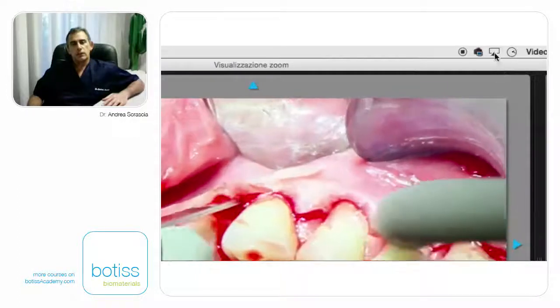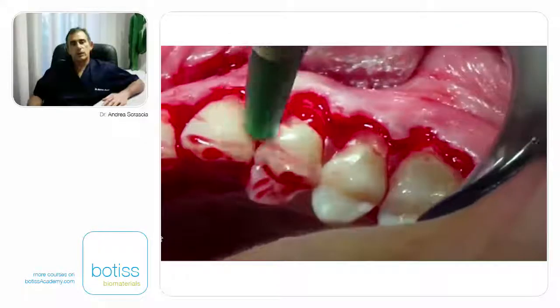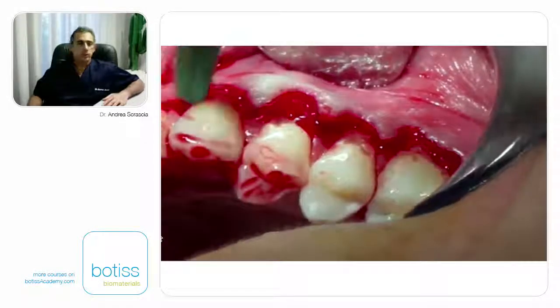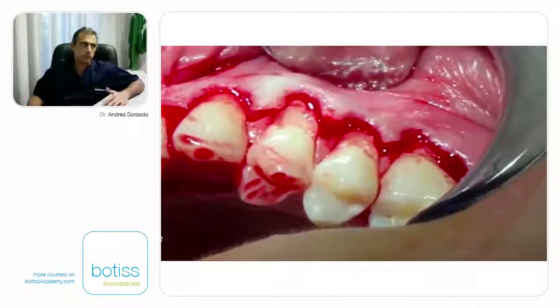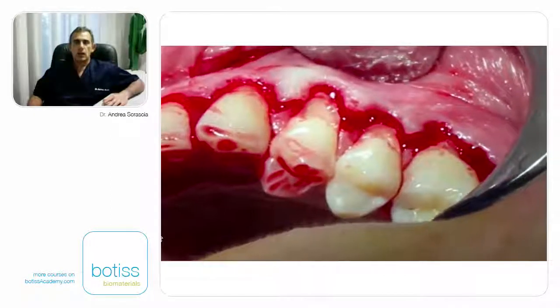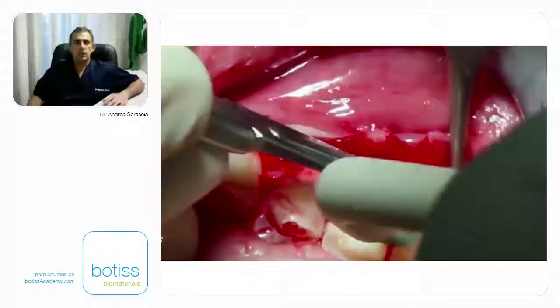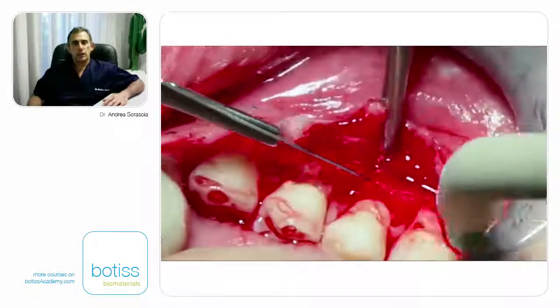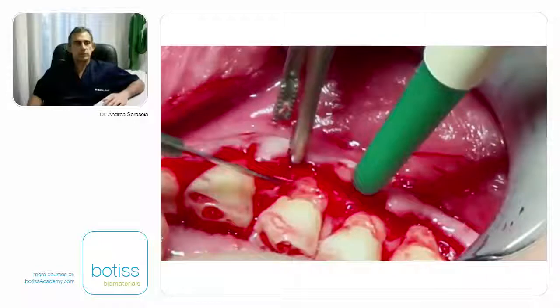This is the phase of the split, preparing the surgical papilla. So this is the split, and they remove the insertion of the muscles and the mucosa.